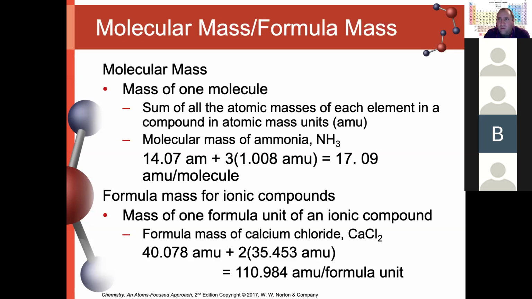But we can use that same kind of logic to figure out molecular masses, where all we need to do is, if I know the chemical formula of the substance, I can just add together the atomic masses of all of the atoms that make up the molecule and take it from there.